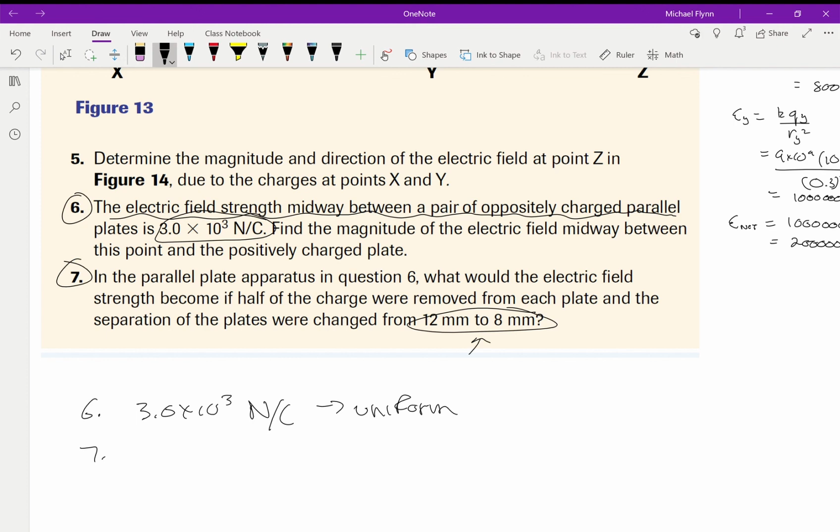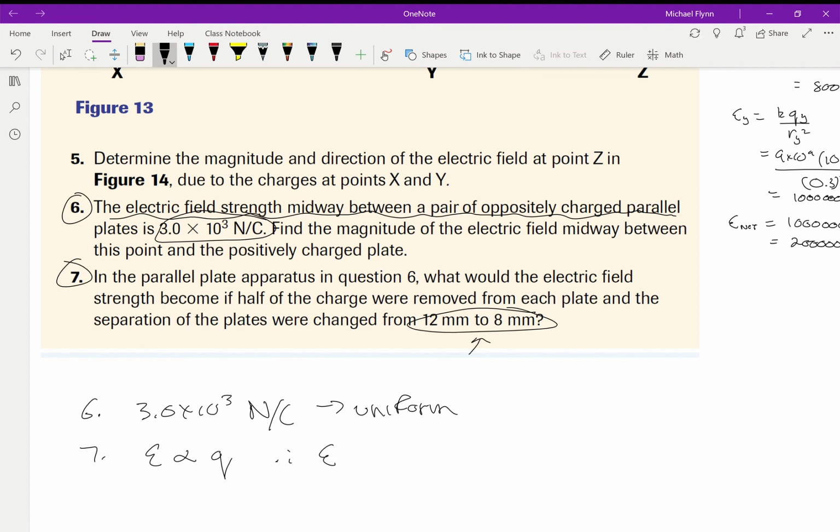But in principle, if the only thing to change were the charge, and you would do that by lowering the voltage, if half of the charge were removed, then you would get half of the field. Since the field is proportional to the charge per unit area, if half of the charge was removed, you'd get half of that, right?